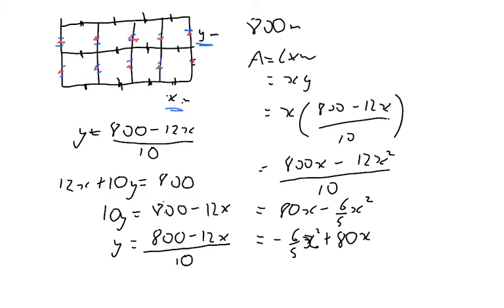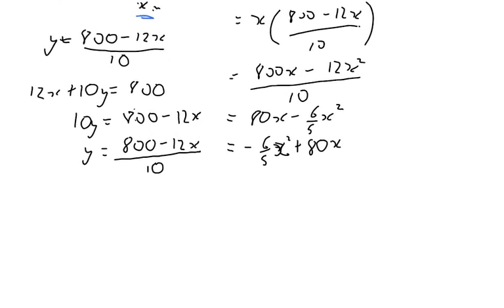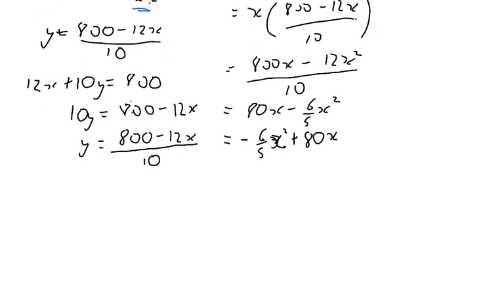Now we need to find the dimensions of each pen to get a maximum area. So we need to find the maximum of the graph. The maximum is at negative b over 2a, when we talk about a quadratic ax squared plus bx plus c.